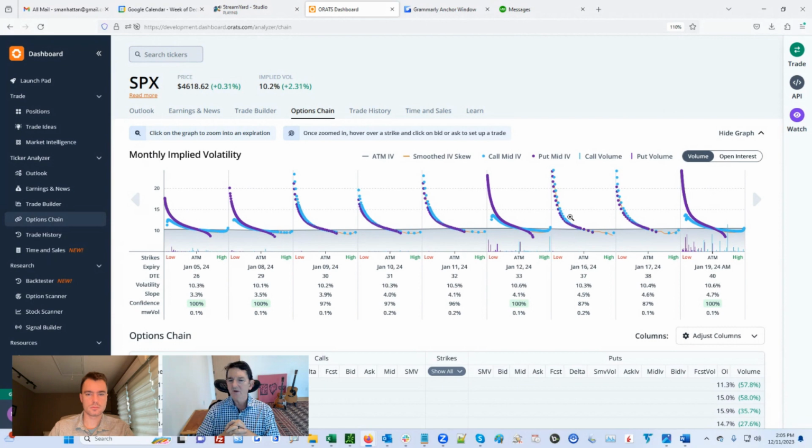And so if you had 100 volatility, the 10 delta higher call would be 104.7. So that's what the slope means. And so the puts are generally higher than the calls, so we make that a positive number.